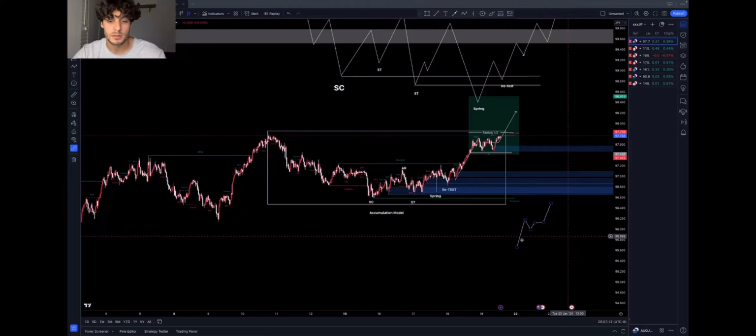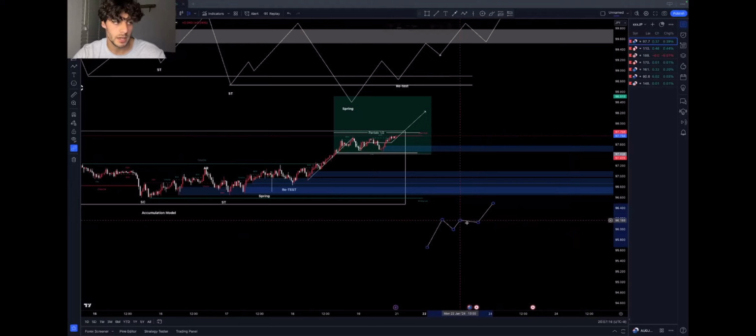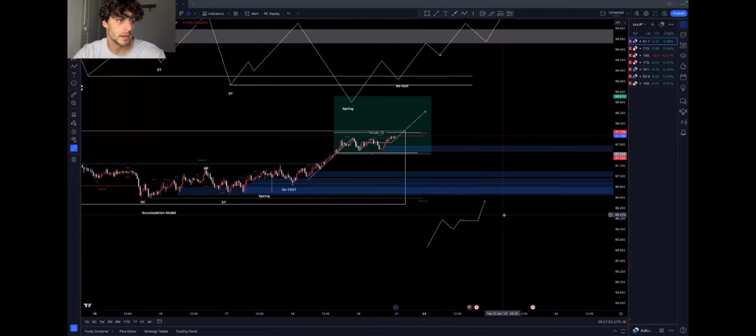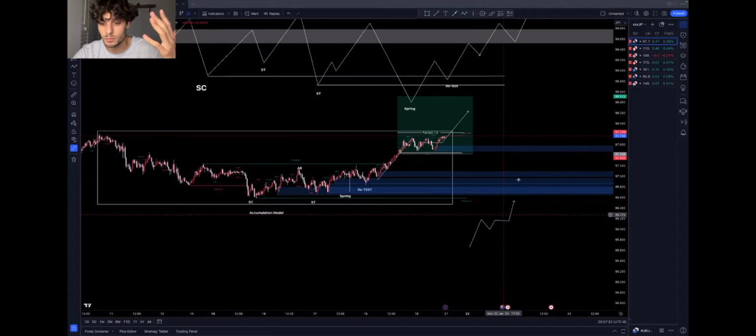This structure right here is huge. This is what you should be trading every single time, right? Looking for this schematic played out perfectly here. So you had the up move, the correction, we had this retest, right? Before we should see price moving up.